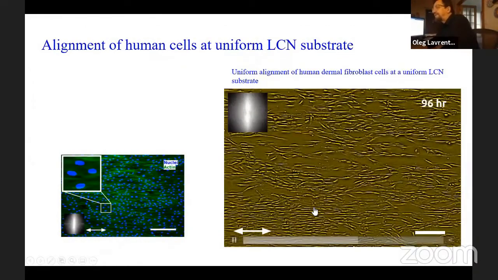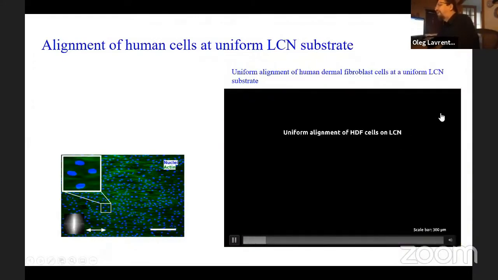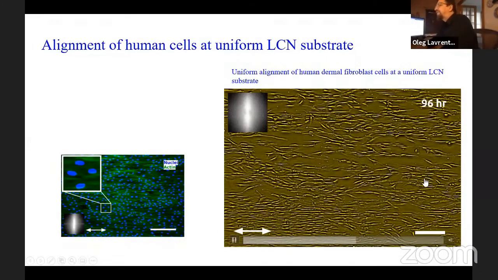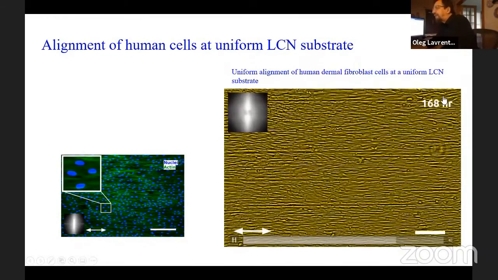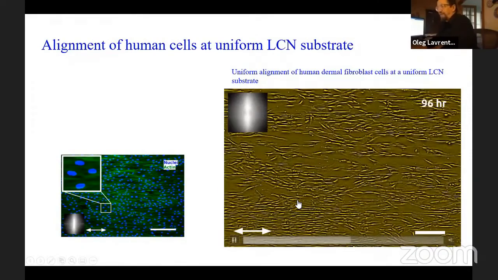This is just the same result, but shown for a longer period of time, for about 5 days, and then 10 days, that illustrates this very uniform alignment of the cells.